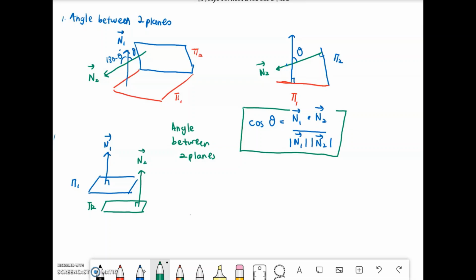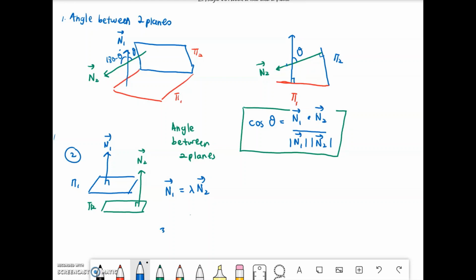We can show that these two planes are parallel if and only if normal vector 1 equals a constant lambda times normal vector 2. If this is achieved, it means that these two planes are parallel.